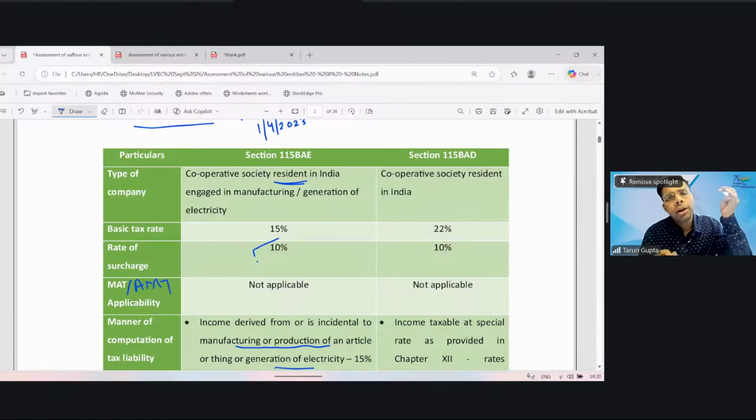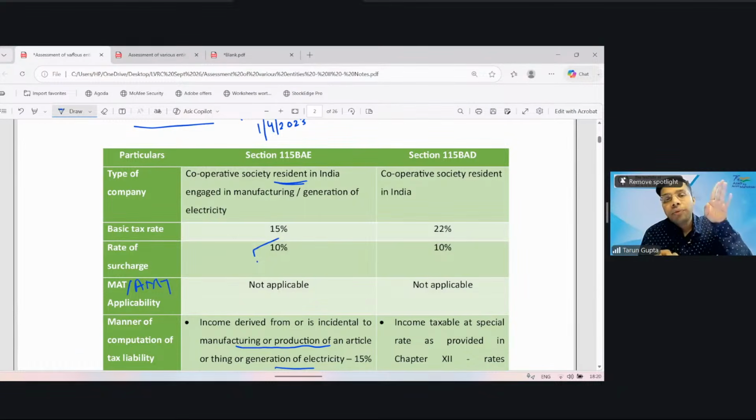except short-term capital gain on transfer of a capital asset on which depreciation is not claimed. Okay. So whatever the rate given in this section has to be increased by a surcharge of 10% irrespective of the amount of income. Okay. So the cooperative society to opt for this should be registered on or after 1 April 2023. That is, it should be new.